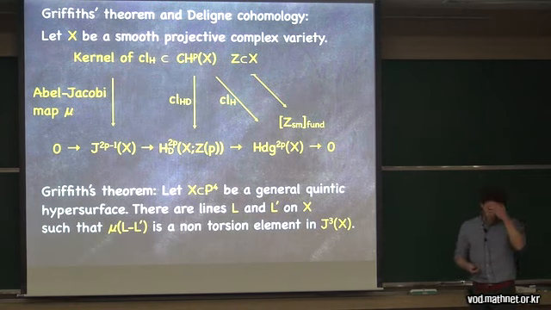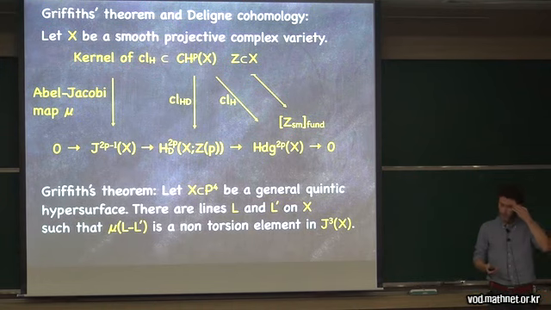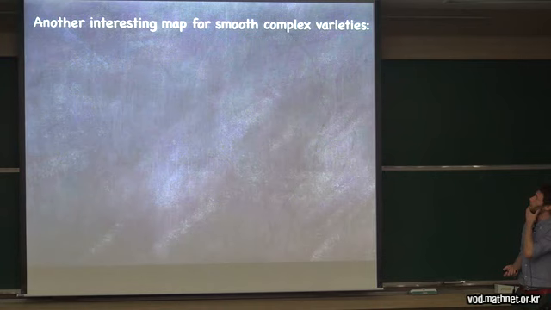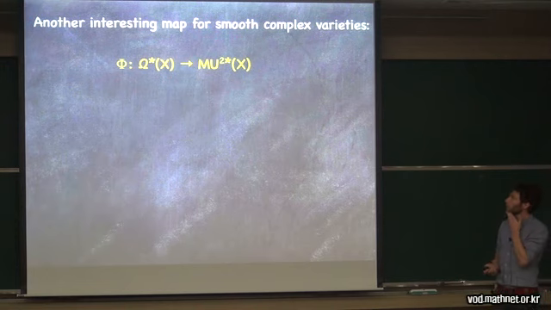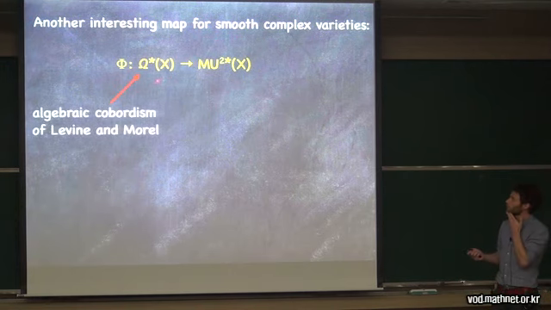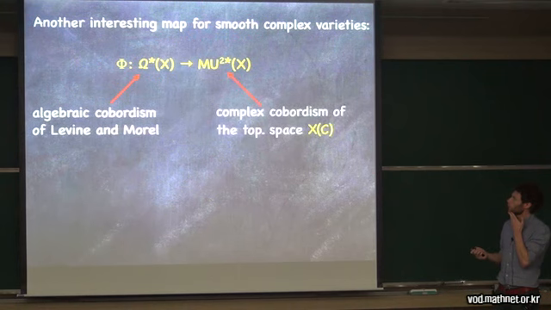Now, why am I telling you this classical old story? Because there's actually another very interesting map for smooth complex varieties, and that's the map from algebraic cobordism, which we denote by Omega star of X, to the complex cobordism of the underlying topological space.